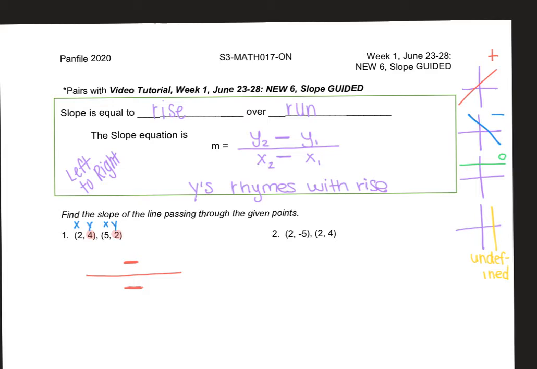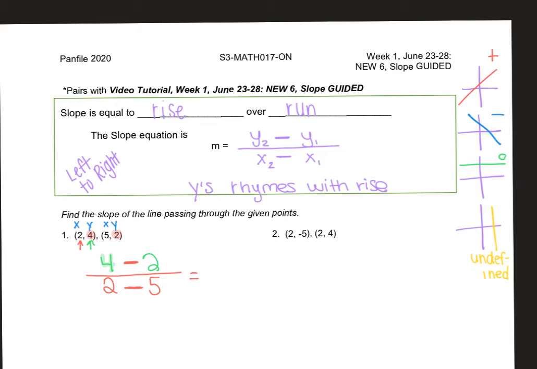I like starting with positives, meaning starting not with a negative if I can help it. So I'm going to start with 4 minus 2. So I've started here, which means that on the bottom, I have to do 2 minus 5.